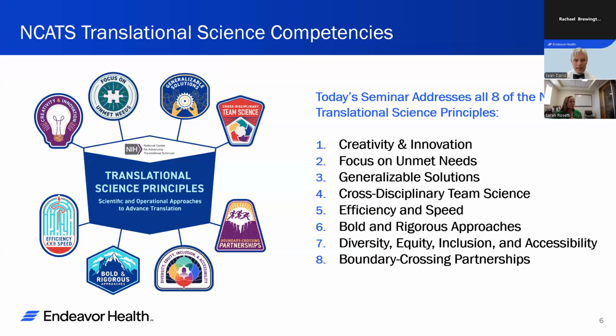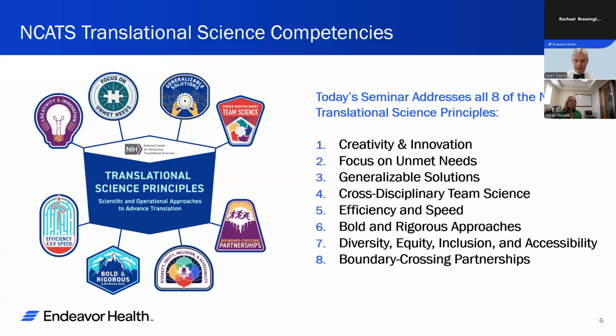This is a seminar that really addresses all of the translational science principles we're trying to promote across our CTSA in terms of its creativity and innovation, focusing on unmet needs to capture patients with early warning signs for sepsis and toxicity to help get them the appropriate triage to intensive care as needed. Generalizable solutions, we think a lot of this could be transportable to our health systems in Chicagoland, and I'm excited to talk later about how we might do that.